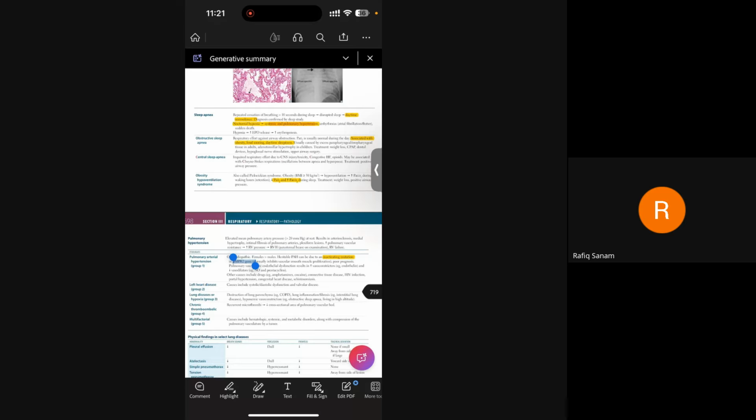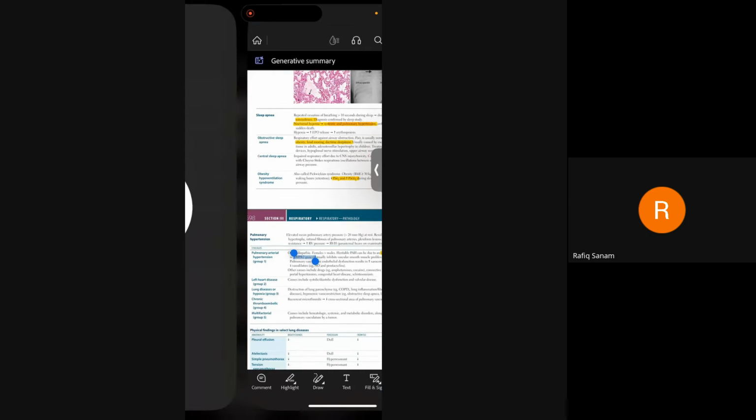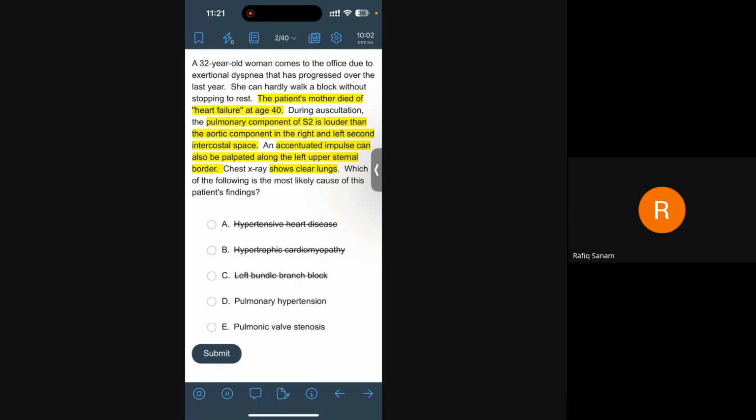The loud P2 sound, the loud pulmonic component of the S2 sound, can be explained by pulmonary hypertension. And the impulse which we are seeing on the left upper sternal border is called left parasternal lift.